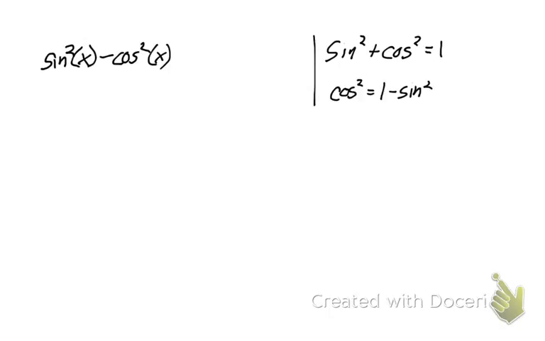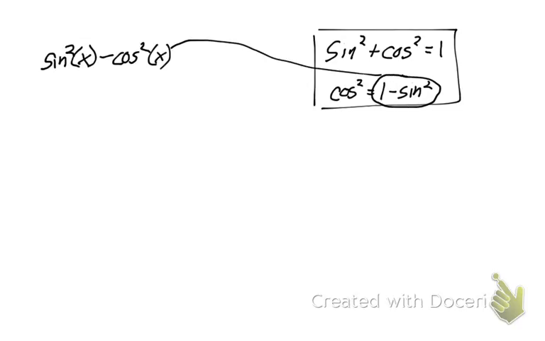How that would work is if you go back to sine squared plus cosine squared equals 1, and I wanted to rewrite this all in terms of cosine. Well, guess what? Cosine squared just equals 1 minus sine squared. That's a fact. So you could use that fact to replace that.